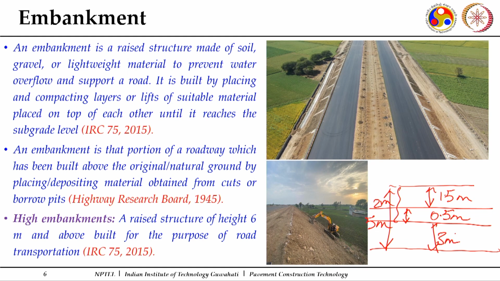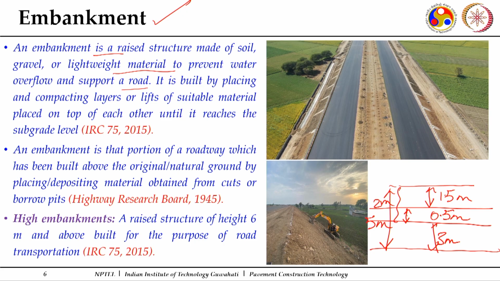So when these levels are to be raised very high, this is done through embankment construction. The definition says an embankment is a raised structure made up of soil, gravel or lightweight material to prevent water overflow and support a road, because now your subgrade has to come over it.